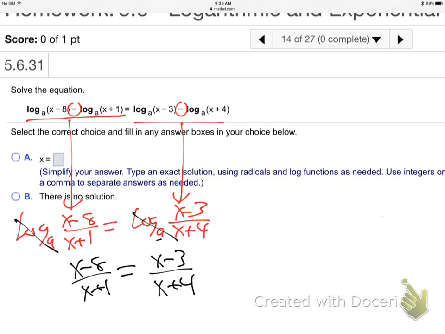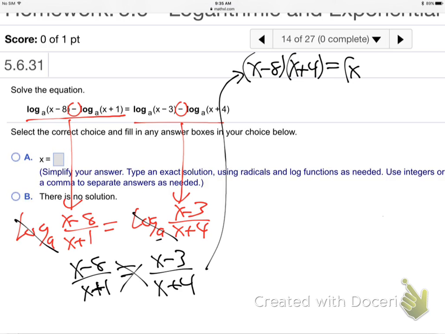All right. So now what do we do to solve that thing? I guess you can cross multiply, right? On that. So x minus 8 times x plus 4 equals x plus 1 times x minus 3, distribute.